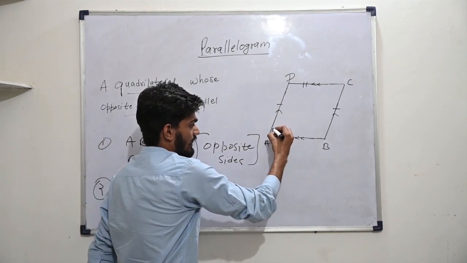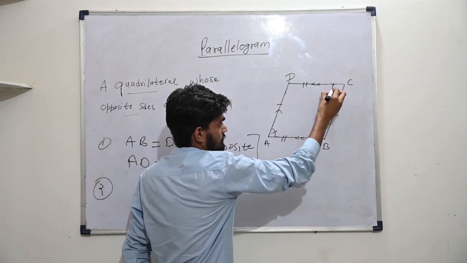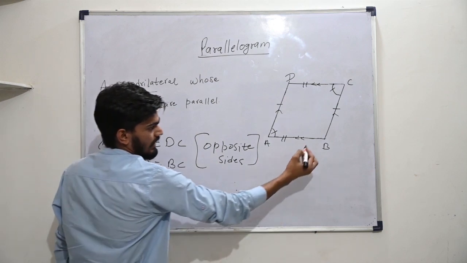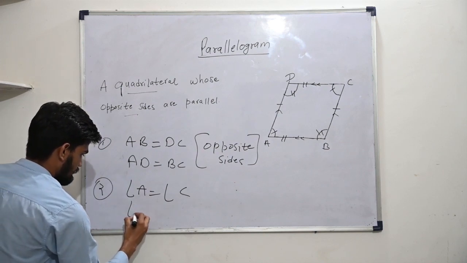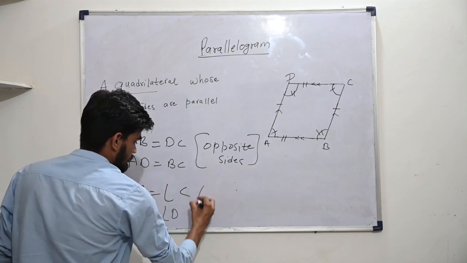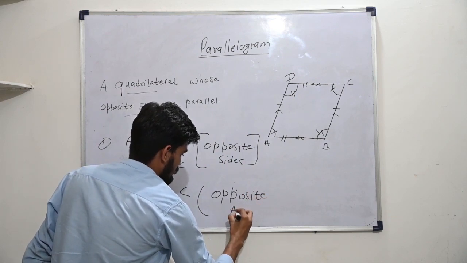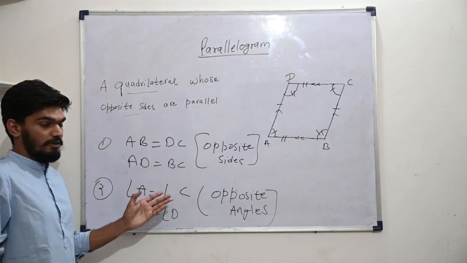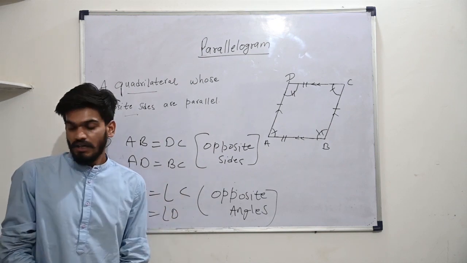That means angle A and angle C are equal, as well as angle B and angle D are equal, as they are opposite angles. Okay, so the basic two properties we have seen of a parallelogram: opposite sides are equal and opposite angles are equal. Alright, we'll talk about the other two properties as well.